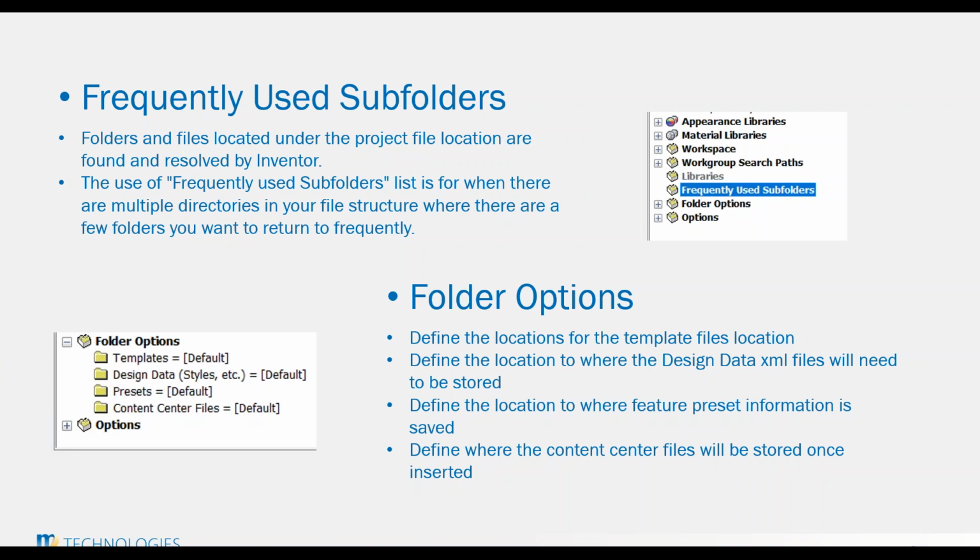The content center files, the last path down the bottom, this is the path where the actual data is going to get created. If you're in the content center libraries, you want to drop in a bolt or nut, a washer, whatever the case may be. Once that file is placed in the assembly, the data needs to be saved.